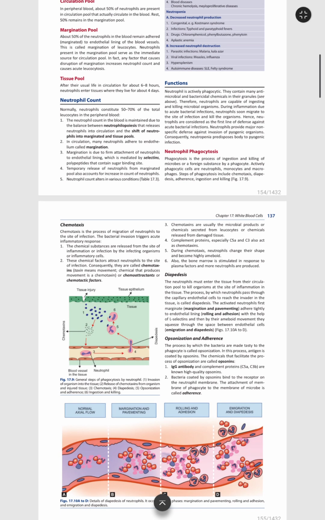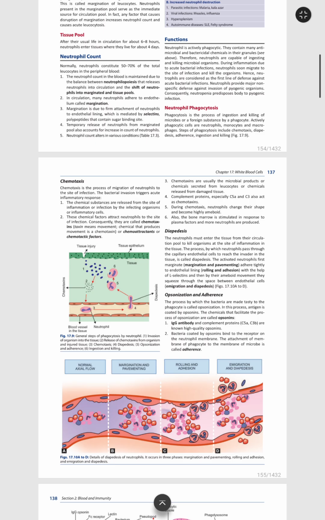So what is chemotaxis? It is the migration of neutrophil to the site of infection. This occurs due to chemoattractants or chemotactic factors released by the site of infection. Chemotaxins give a signal to neutrophil to come and kill.